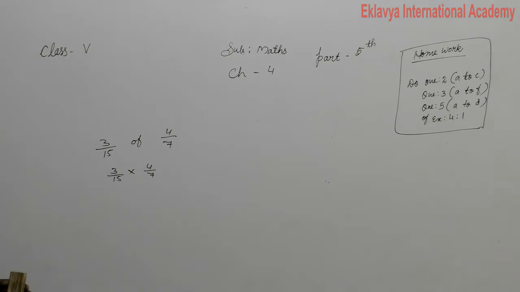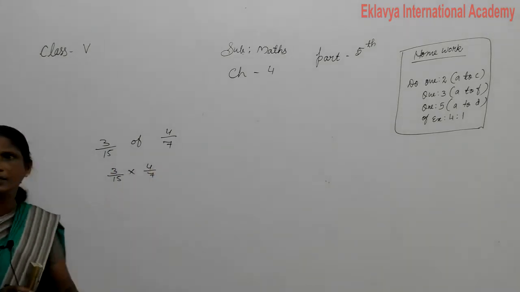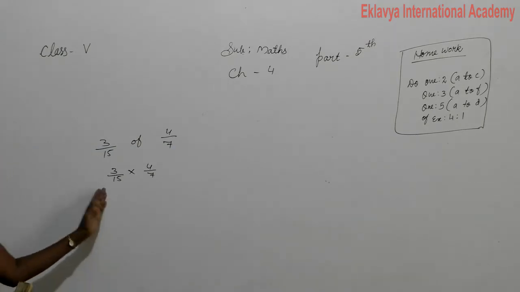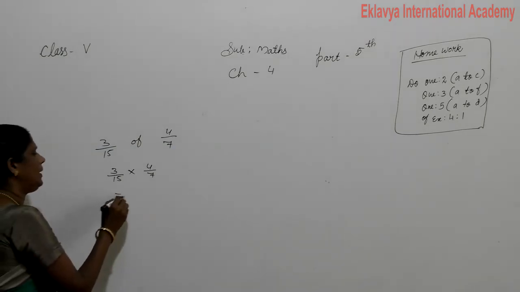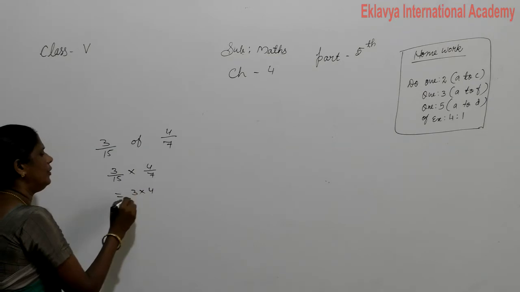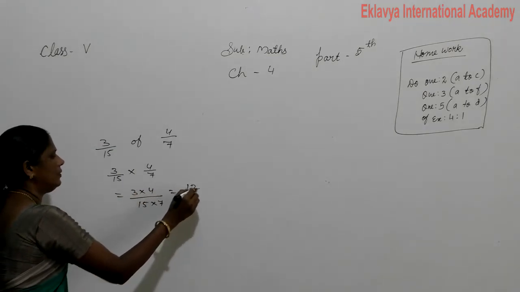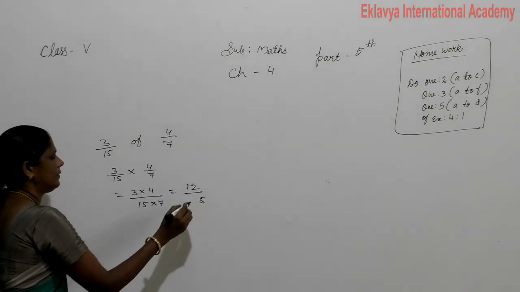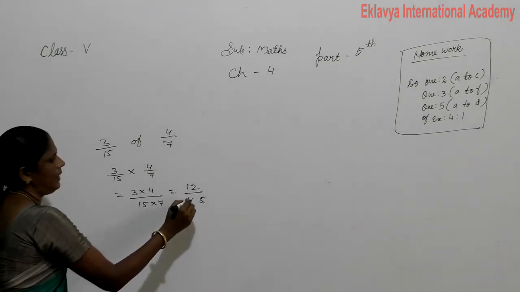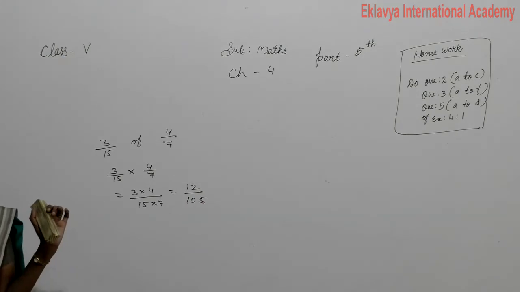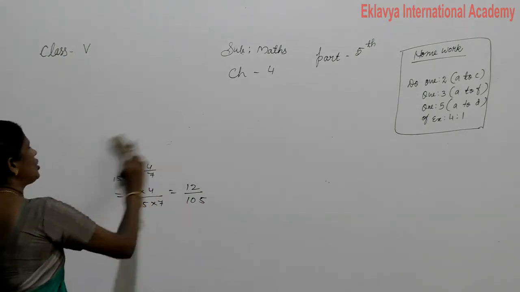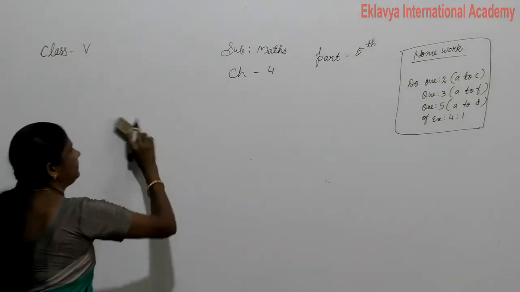Then, is there any common factor here? First you look for any common factor. There is no common factor here. You multiply 3 into 4, then 15 into 7, which is 12 upon 105. Understand? Then how to solve the problems?